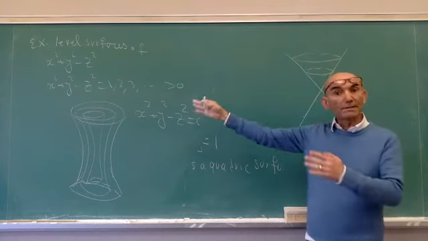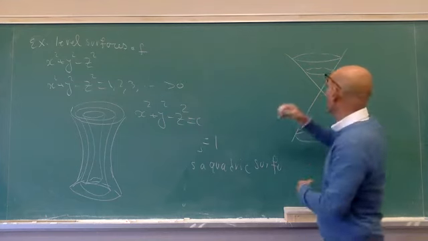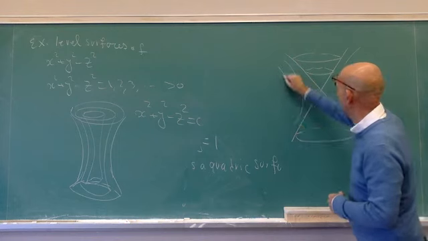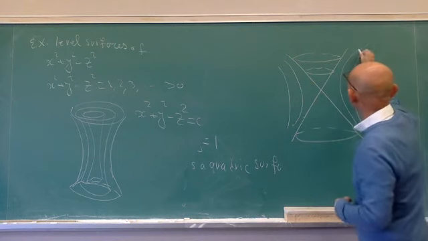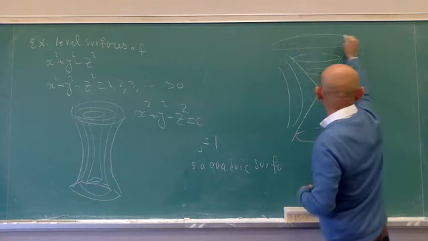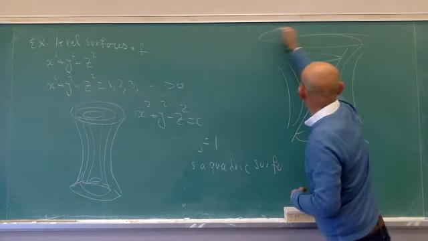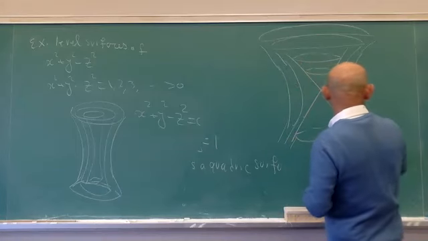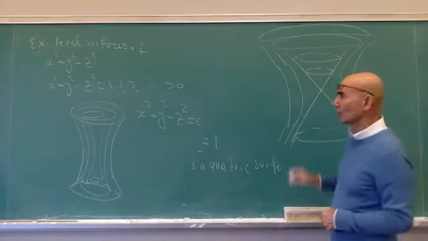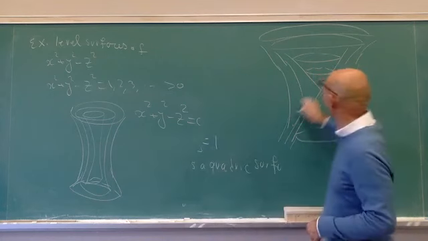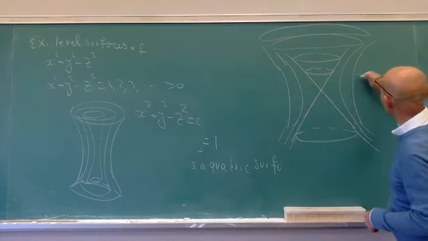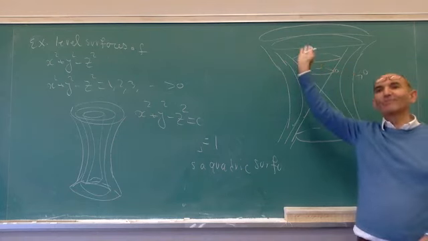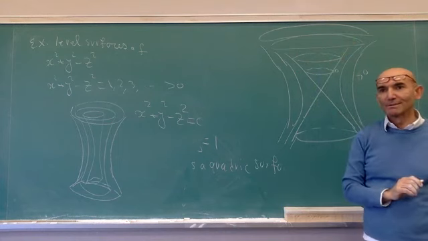Those hyperboloids that correspond to bigger positive values are outside. Here is a positive value, here is 0, and if you move inside, you're going to get a hyperboloid of two sheets.